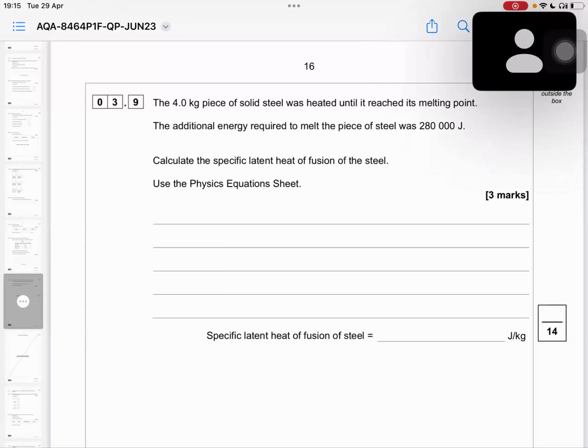Okay. So you understood my calculation, right? Yes. Okay.